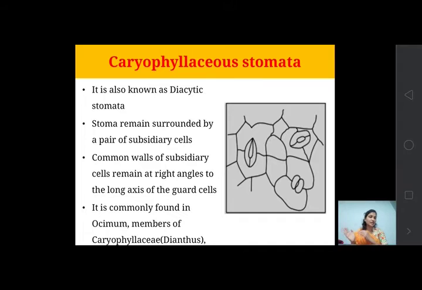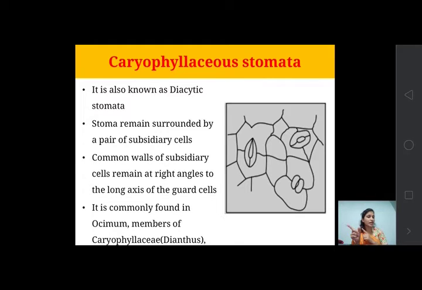So these four types show a common point, that is, the guard cells are bean shaped. All the four types of stomata that we have seen have one common thing: the guard cells are bean shaped or kidney shaped. Only the arrangement of the subsidiary cells is different, and on the basis of that these four types are present.